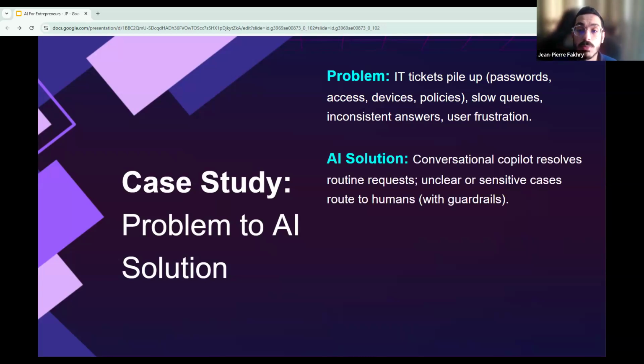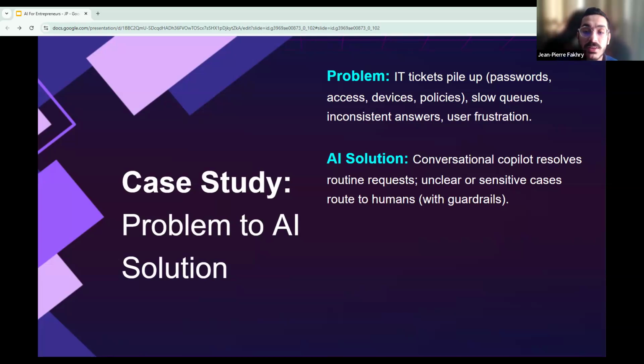The AI solution was a conversational copilot that resolves routine requests automatically. When a request is ambiguous or sensitive, like a security question, it routes to the right human with the full context already collected. This published customer results that have been cited across the industry.